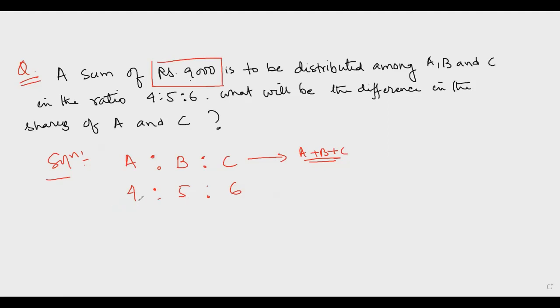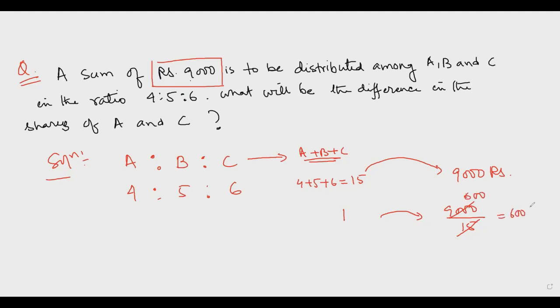So we will add all the values of A, B, and C, which will give me 15. According to the question, this 15 in actual is 9,000. So what is the value of 1? The value of 1 will be 9,000 divided by 15, which is 600.